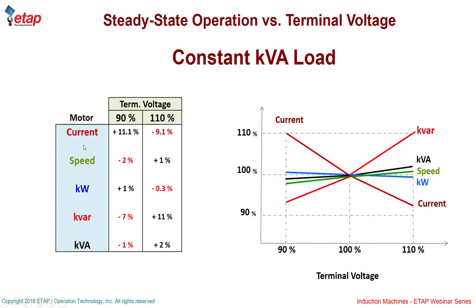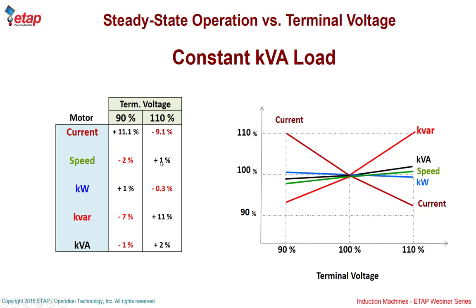true is the fact, if you look at this table, I'm changing the terminal voltage of a machine from 90% to 110%. And this curve shows the terminal voltage from 90 to 100 to 110%. The trick for this is this part right here. As you change the voltage from 90% to 110%, the speed of the machine does not change much.